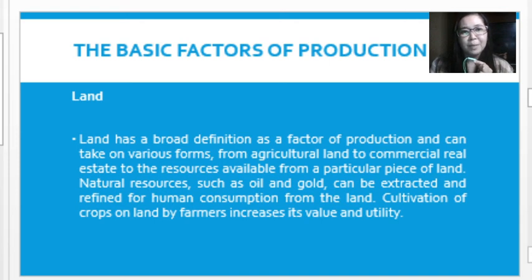We can also mean land as commercial or real estate, and others. So again, land is one of the most important factors of production, especially in the earlier years, because normally we get more or something from land that can be used for production. That's why it was listed as the first factor of production.